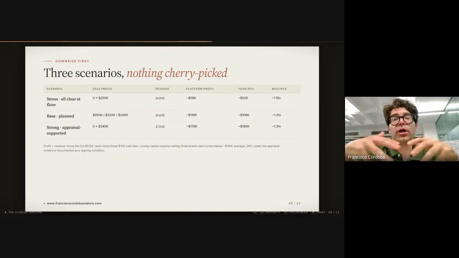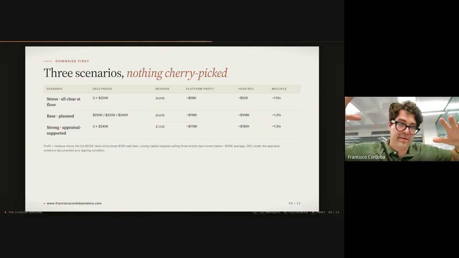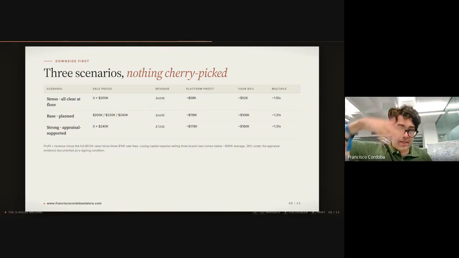The profit will come from selling, but so we don't enter the securities arena. Because remember, the securities arena and all the crowdfunding and all these things is you're promising a future profit. We are never promising a future profit. We're promising that we're gonna deliver the 3 houses so you can sell them, and we're gonna have everything ready. And that's the reason we have scenarios depending on what happens, correct?